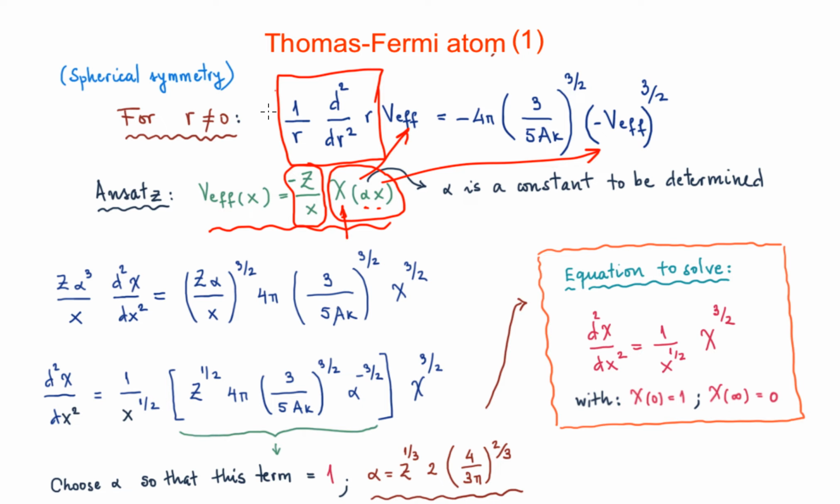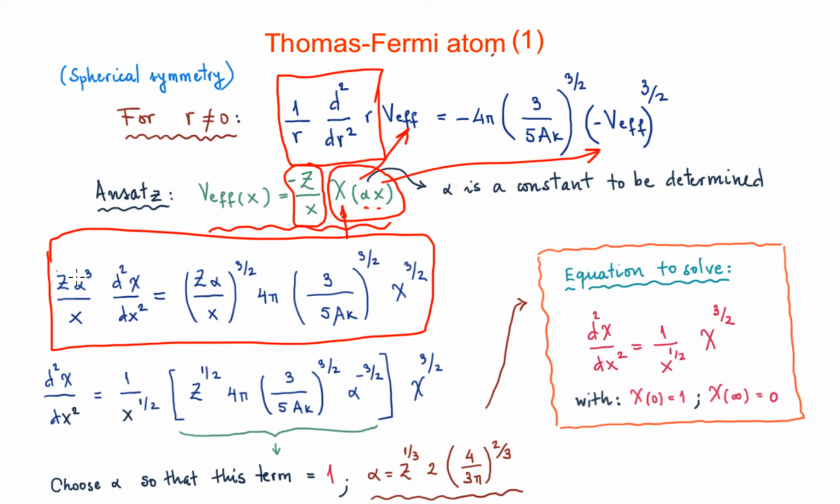So when we apply this second derivative to this term here, we have the equation that the t function satisfies. In order to look nicer, we can pass this term to the other side. So that's the equation that the t function satisfies.